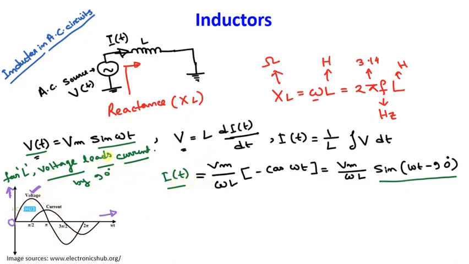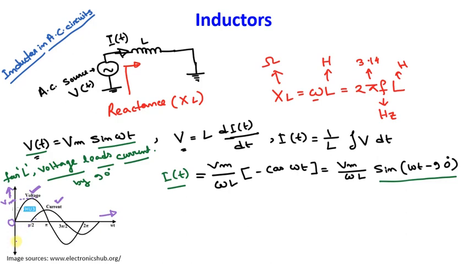By the way, what is Vm? Vm is the amplitude of the voltage waveform, right? Now, if you consider the case of I of t, then you can see I of t is sine of omega t minus 90 degree. That means compared to the voltage waveform, the I of t waveform will start after a phase shift of 90 degree or pi by 2 as shown in this image, right?